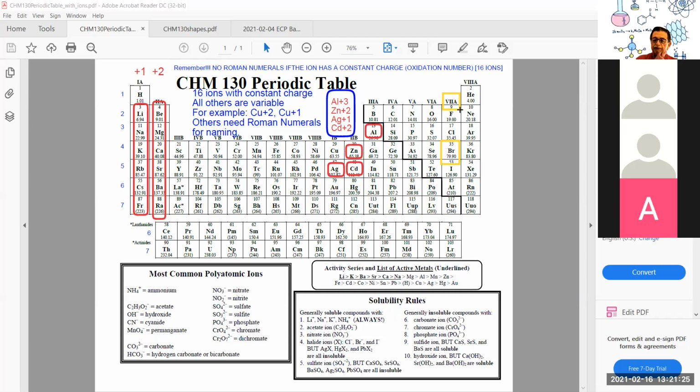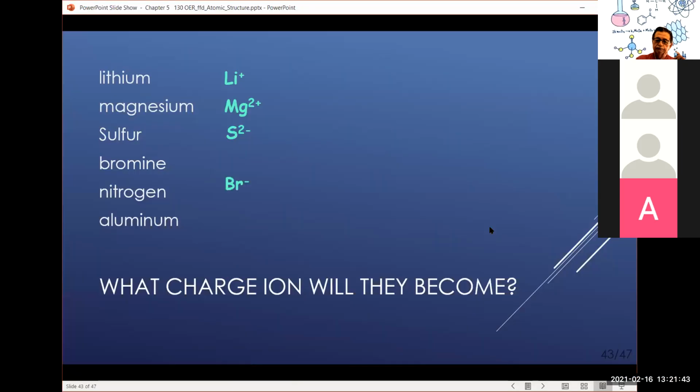It is in group 7A, which tells you that it needs 1 electron to get to the octet. Therefore, bromine will gain 1 electron and have a negative 1 charge.